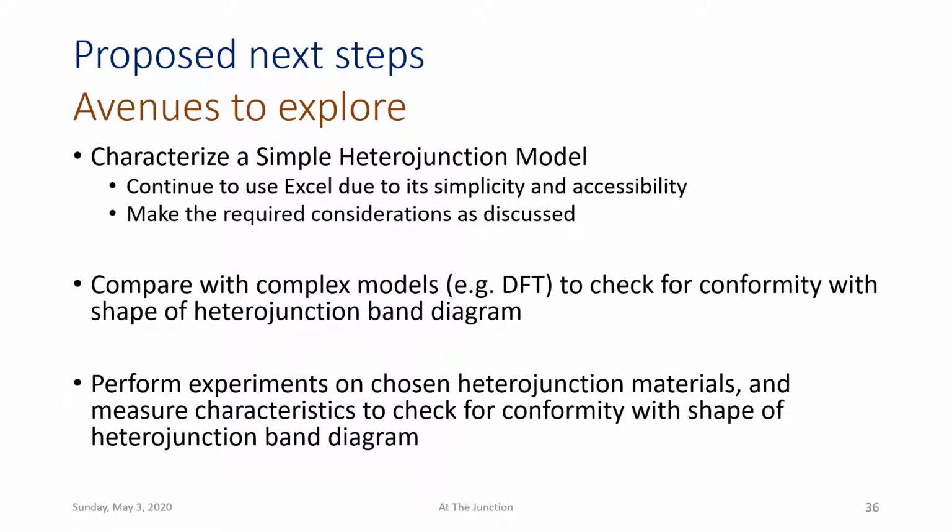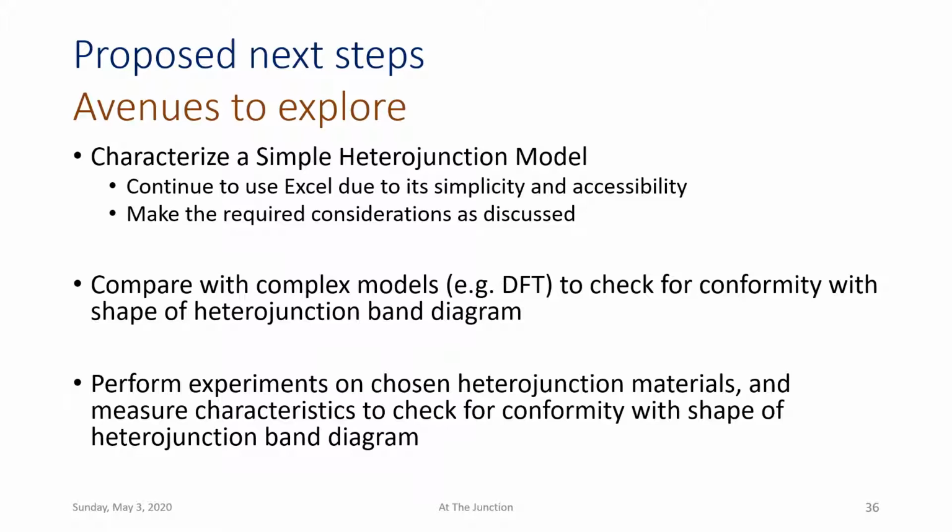So the next steps would include characterizing the simple heterojunction model using Excel simply because of its simplicity and accessibility, and to make the required considerations as was discussed in this presentation.